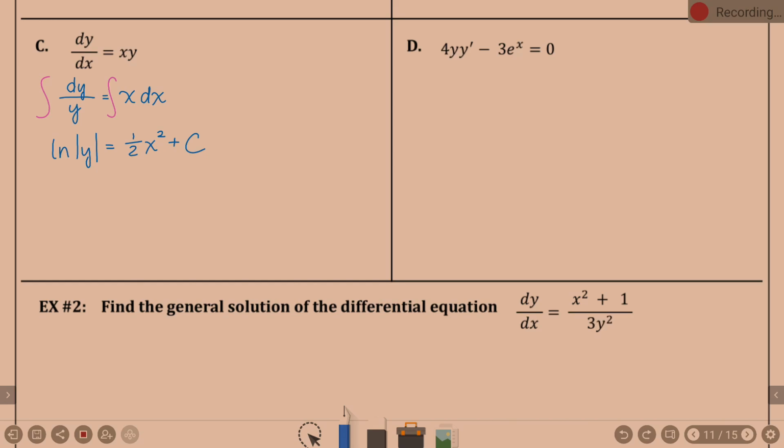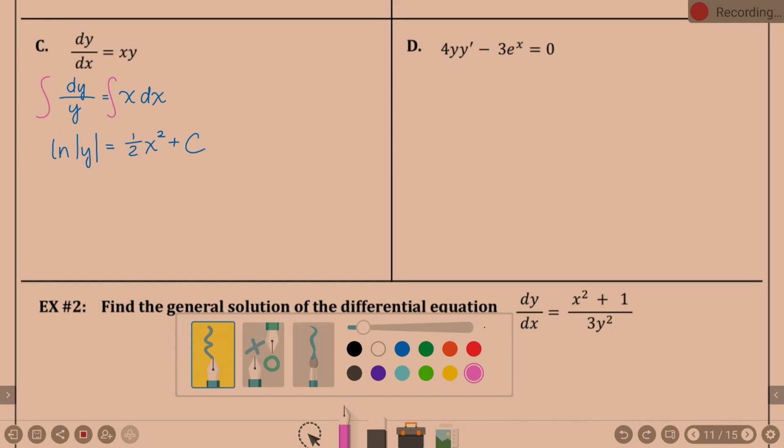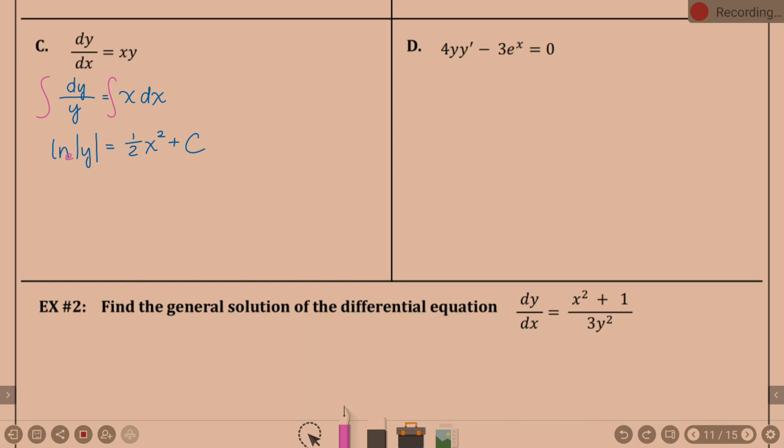We've got to get this in y equals form. Something to do with e. It does have something to do with e, because natural log is base e. Could be. Is it e to the y on the other side?